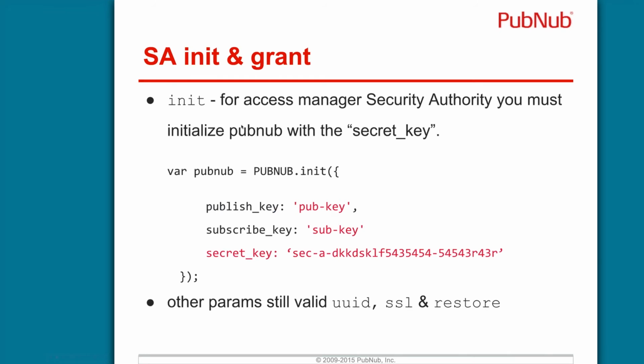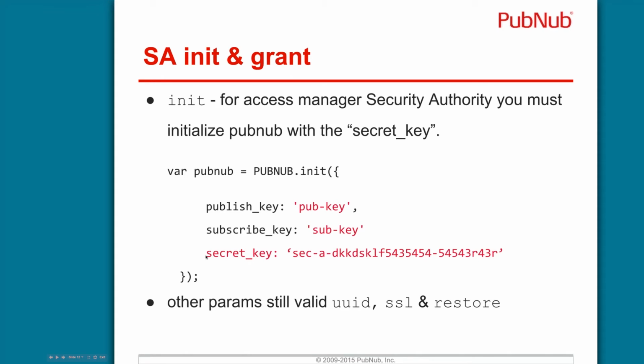Okay. So as we said, you want to do your init for security authority. Security authority is the entity that's going to do the grants. You're going to want to pass in a secret key. Not any secret key, but the secret key that is associated with this publish and subscribe. This is very important.